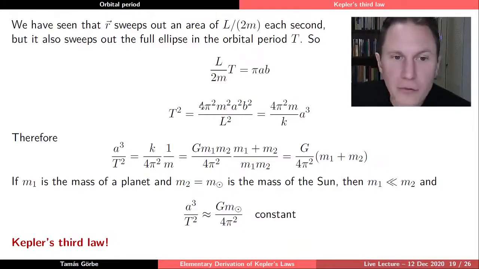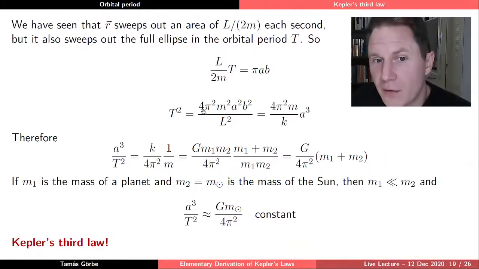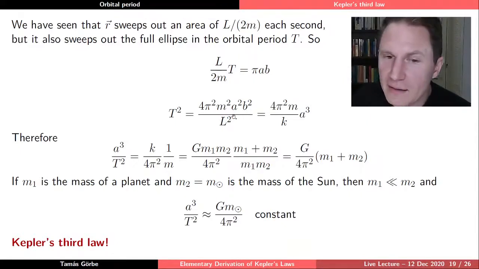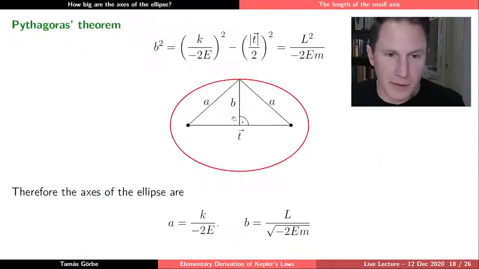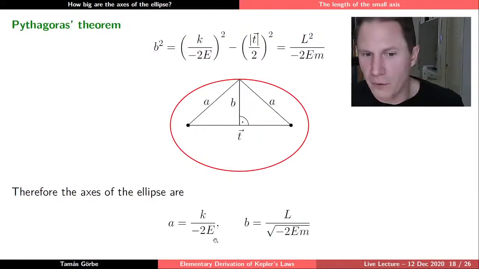So if you do that, then you get 2 pi squared times m squared times A squared times B squared divided by L squared. And now you can simply plug in the expressions that we got for A and B and square those.